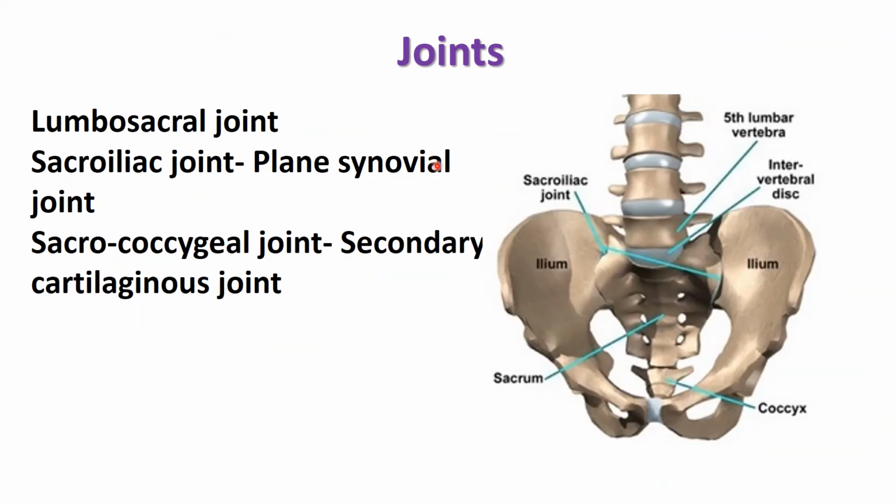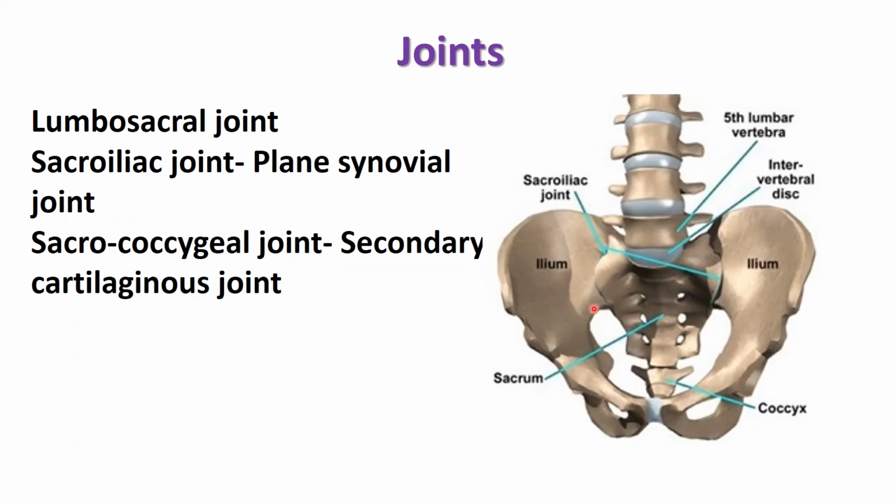Now the joints formed by the sacrum. The body of the first sacral vertebra unites with the fifth lumbar vertebra and forms the lumbosacral joint, which is a secondary cartilaginous joint.